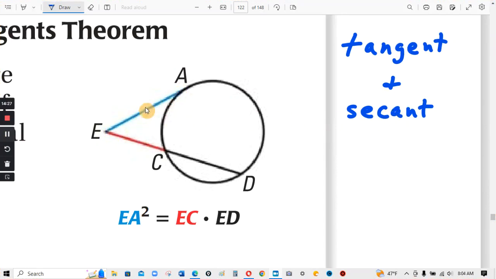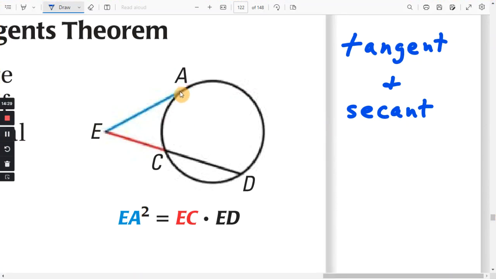This one right here is the tangent, because it just hits the circle once. This one here is the secant, because it hits the circle twice.